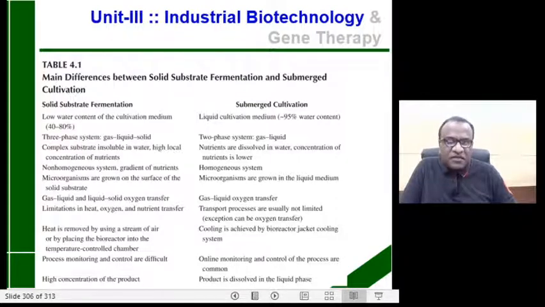If you compare these points with submerged cultivation, it is a liquid cultivation medium, approximately 95% of which is water, and it is a two-phase system, gas and liquid. Nutrients are dissolved in water, so the concentration of the nutrients is lower, that is, diluted, and it is a homogeneous system. Microorganisms are grown in the liquid medium.